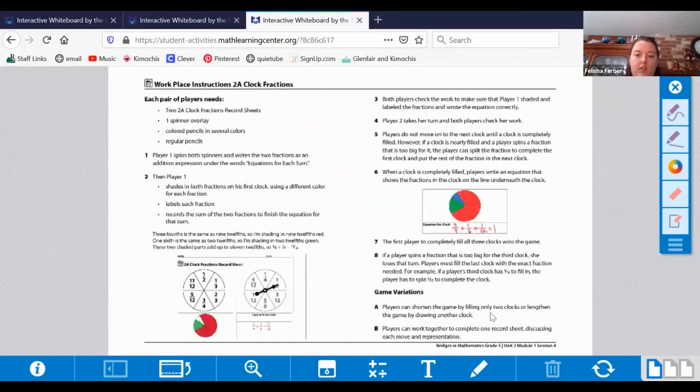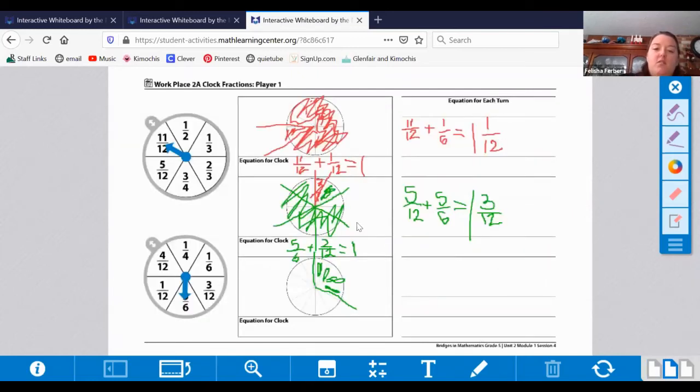So if you look back over here, right here, it says if a player spins a fraction that is too big for the 3rd clock, she or he loses that turn. The player must fill the last clock with the exact fraction needed. So one of the variations you could make would be to get rid of that part of the rule. But because player 2 is so far behind, I'm going to go ahead and let them have a chance.